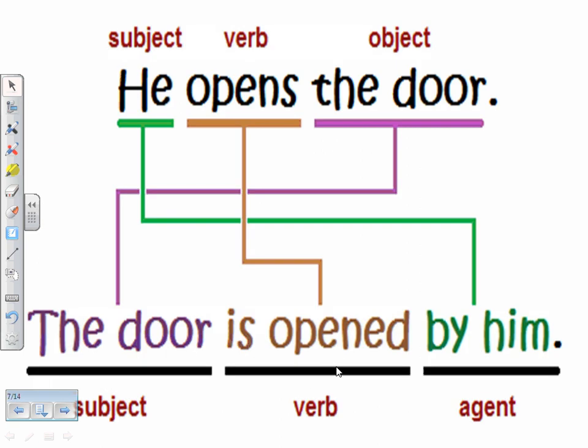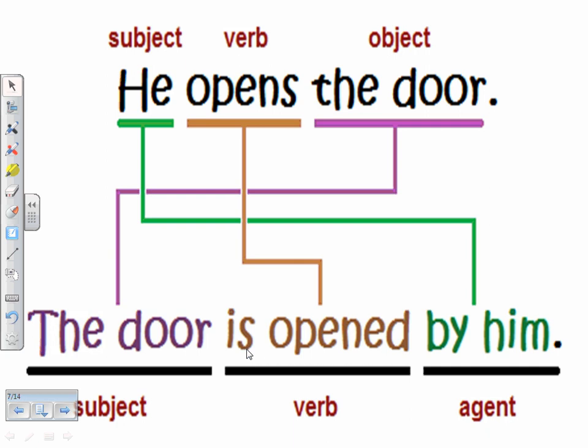Okay. So, again, to wrap up, when I say he opens the door, I start with the subject, then the verb in the present simple, then the door is the object. But when I change it into passive, what do I start with? The door, which is the object, is opened.